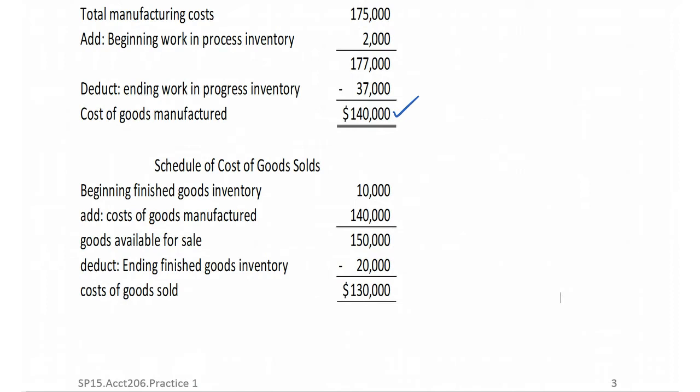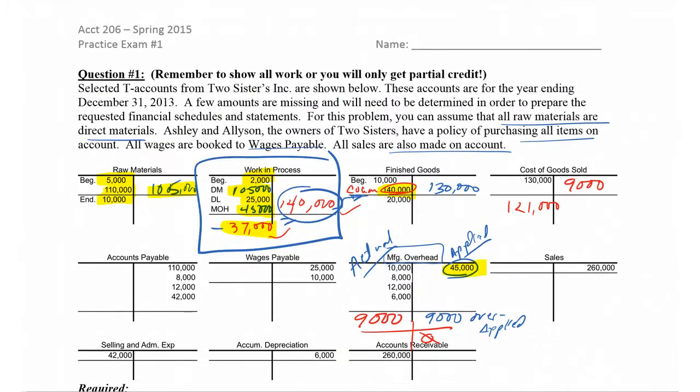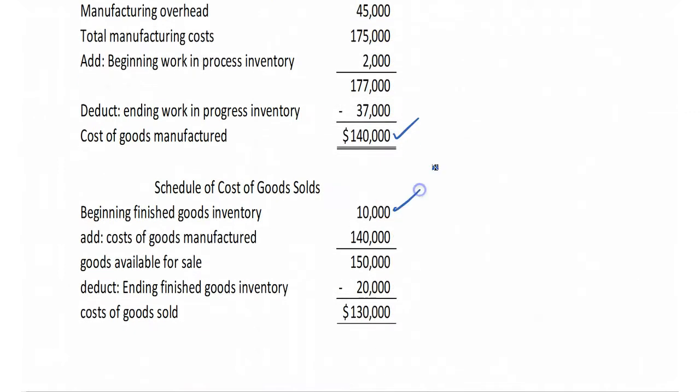We start with our beginning finished goods inventory. So I scroll up here. Beginning finished goods inventory is 10,000. We add to that cost of goods manufactured. This is where I want to add the 80, which it says to use in this problem.